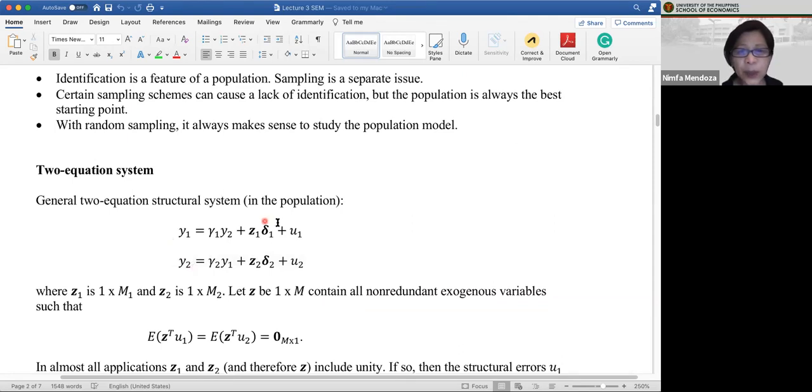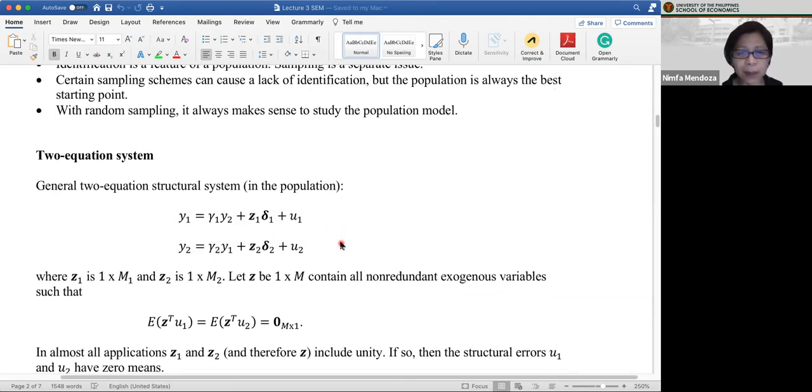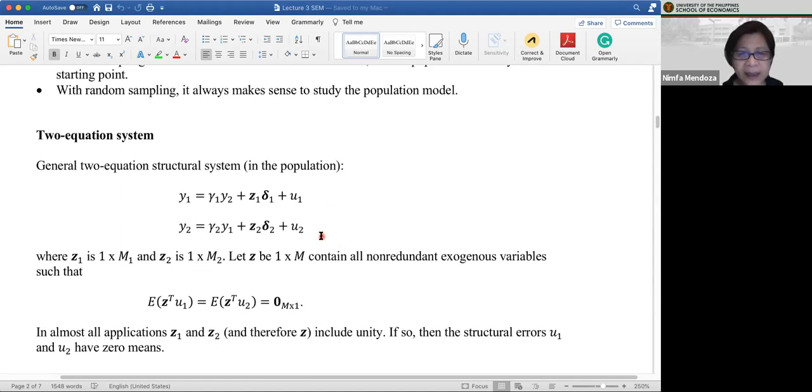The general two equation structural system, so this describes the population, is given by this system of two equations. Okay, so we have two endogenous variables, y sub 1 and y sub 2. Okay, so just by the specification, you know that if this is the true population model, the disturbance term u sub 1 would affect y sub 1, u sub 2 would affect y sub 2.